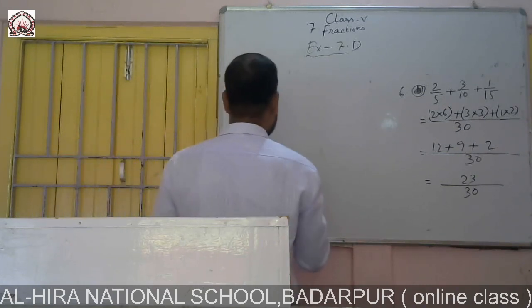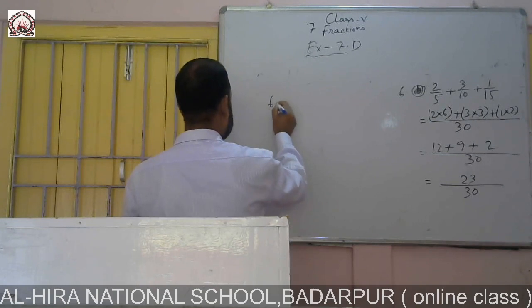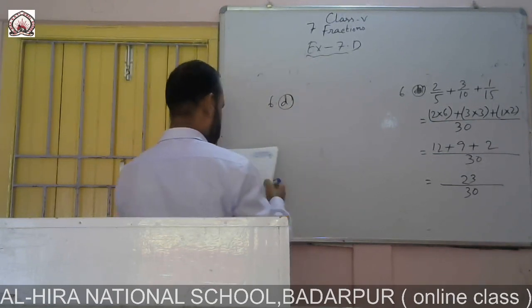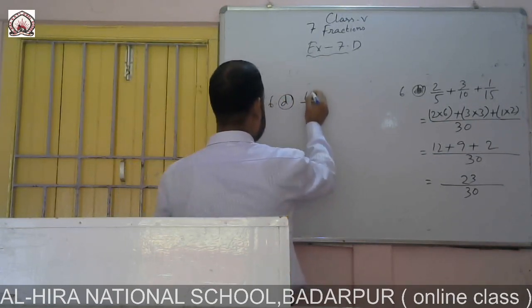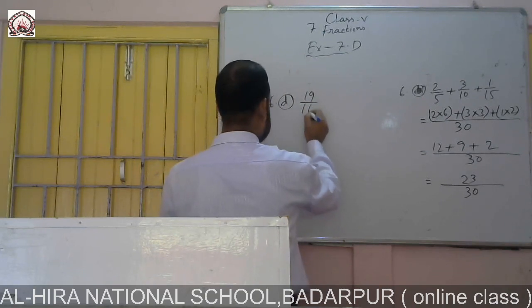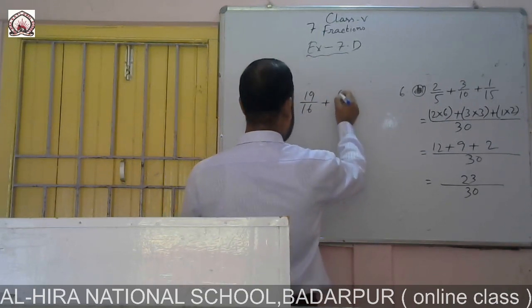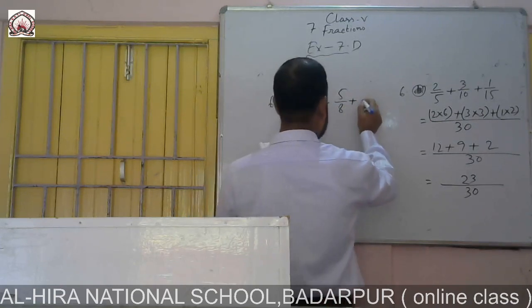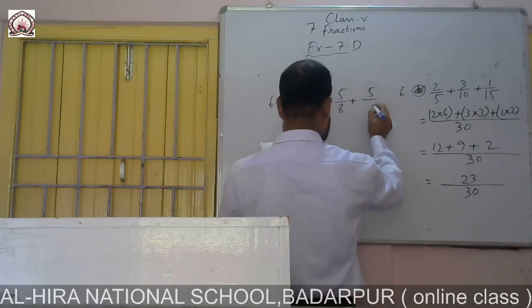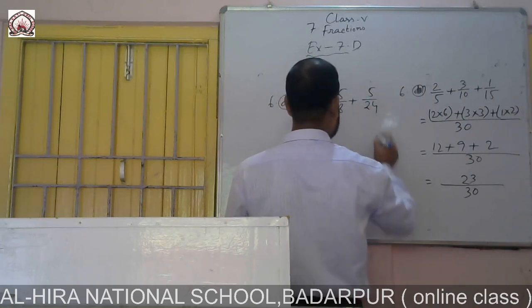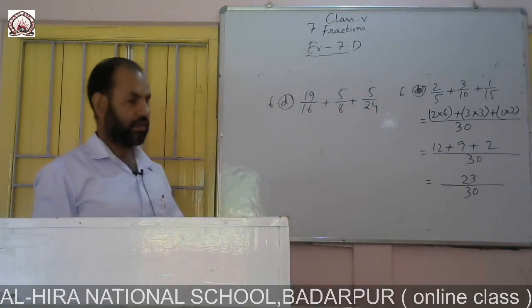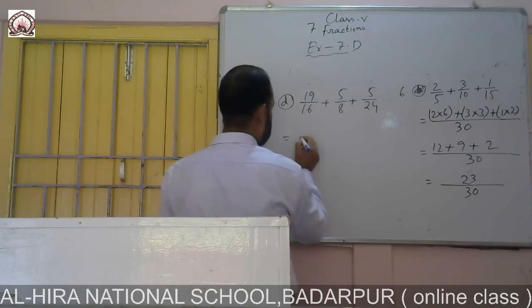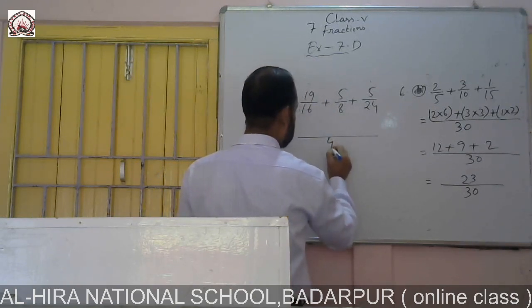Next question number D, 6D. 19 by 16 plus 5 by 8 plus 5 by 24. So here LCM is 48.